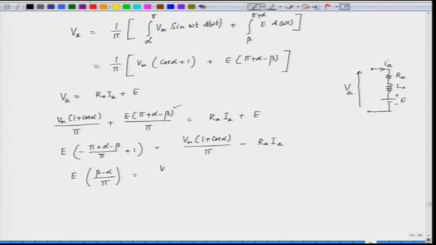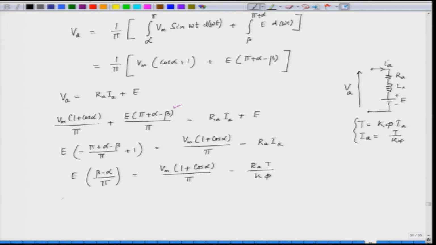that is equal to V m into 1 plus cos alpha by pi minus I A R A, and we know that the torque equation is T equal to K phi I A, or we can say that the current I A is torque by K phi. So, we can substitute the value of I A here, that is equal to minus R A T by K phi.